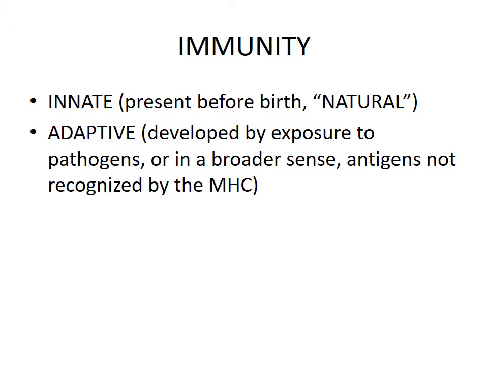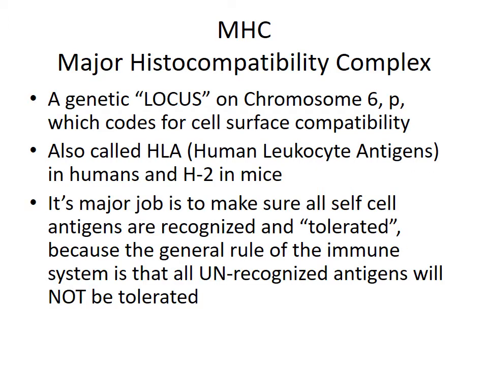It can be of 2 types: innate immunity that is present since birth or even before birth, and adaptive immunity that is developed by exposure to pathogens or antigens that are not recognized by MHC, the major histocompatibility complex, that is present on all our body cells, and if it does not recognize the antigen as a self-antigen, that results in destruction of those cells.